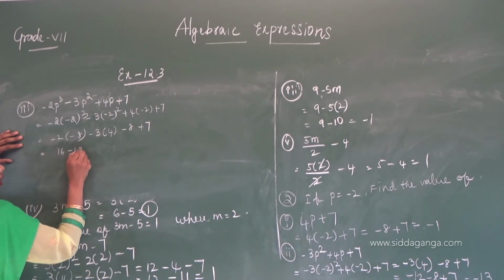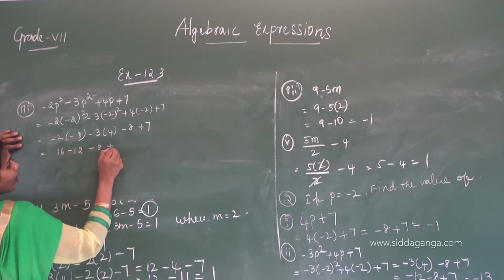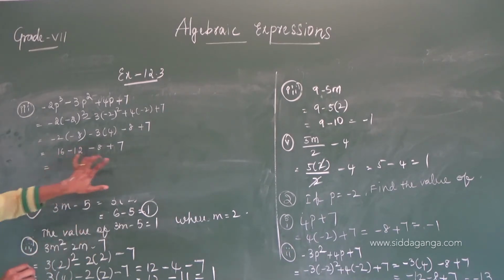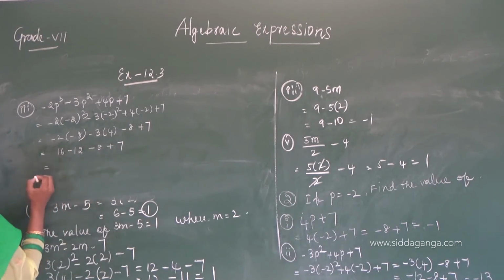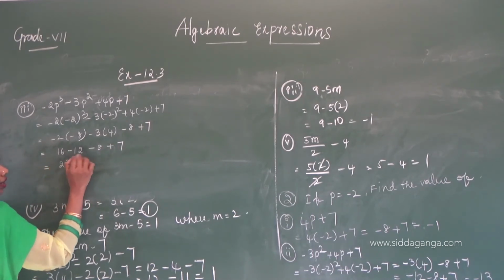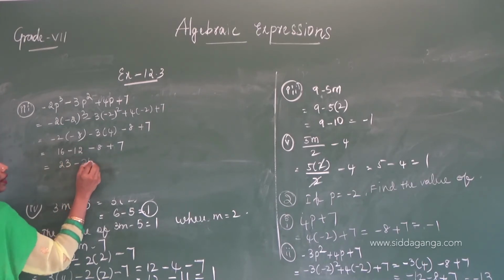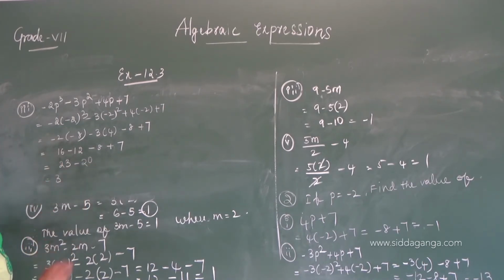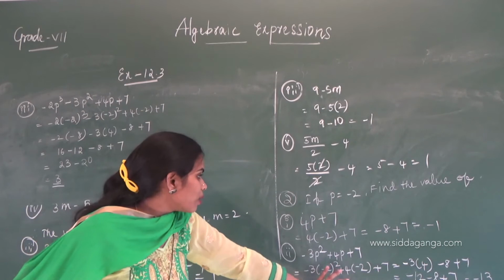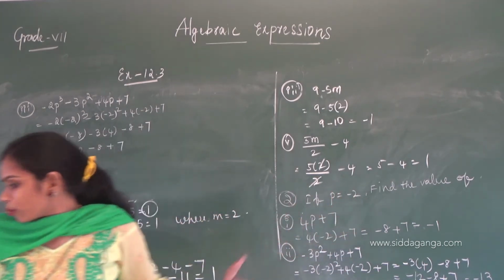So 16 minus 12 minus 8 plus 7. First I do the plus numbers: 16 plus 7 is 23. Then minus 12 and minus 8 is minus 20. 23 minus 20 is 3. What is the answer? 3. 3 is the value of this expression where p equals minus 2.